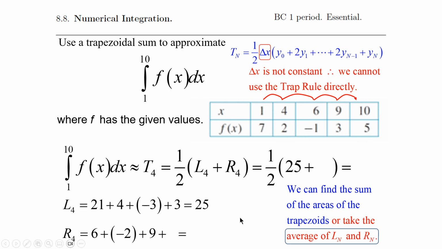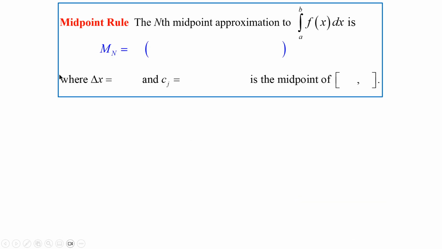And 5 times the 1 is a 5. And I've got, what, a 4 plus 9 is 13 plus 5, 18. So guess what? The trapezoid rule is equivalent to 1/2 of 25 plus 18, which is 21.5. There you go. You've done that before. Pretty easy, isn't it? Okay?